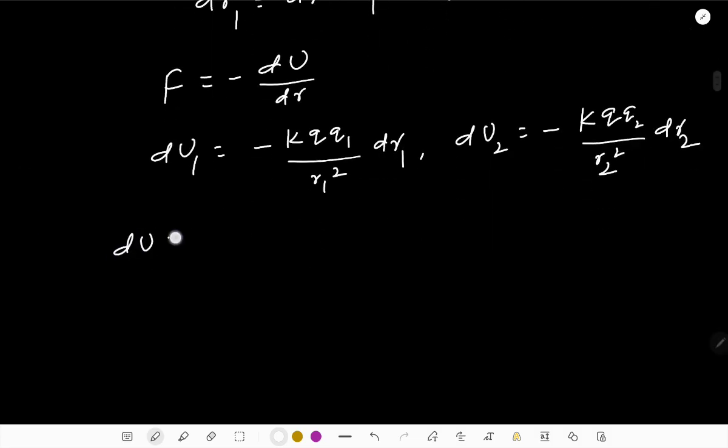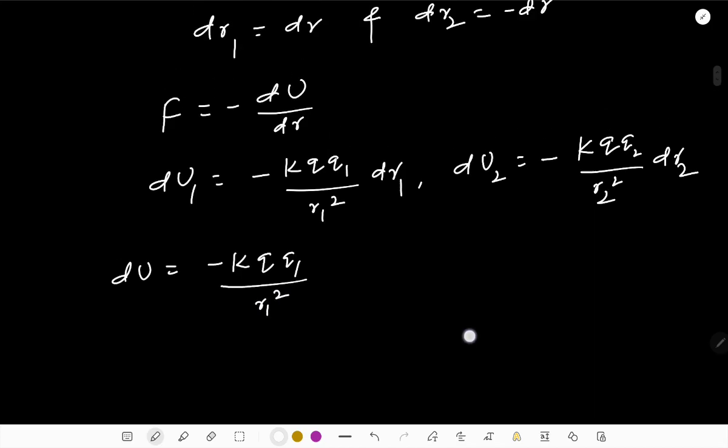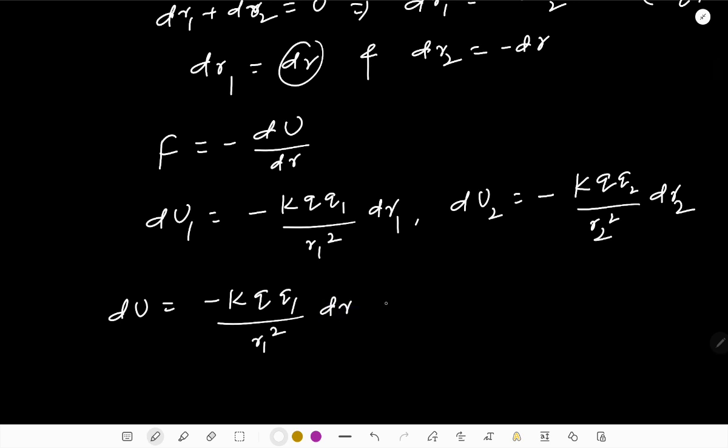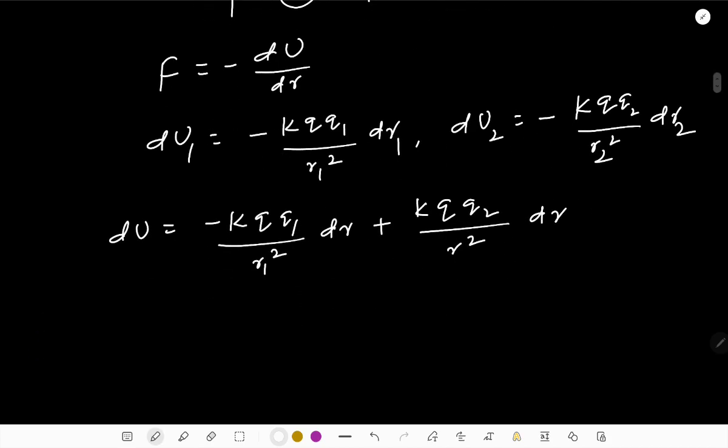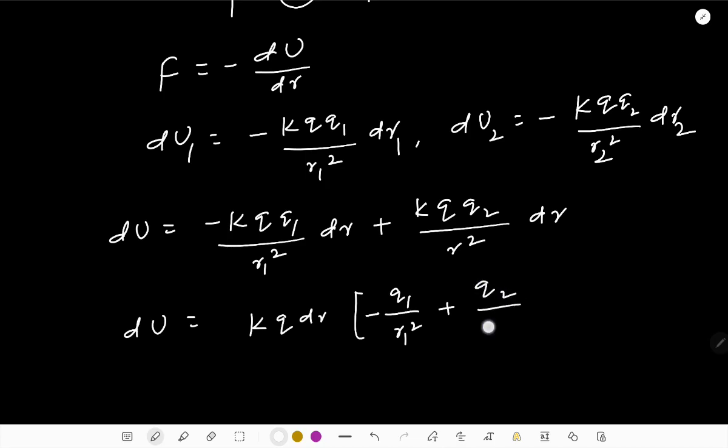The change in potential energy of the system can be written as minus kQq1 upon r1 square dr, plus kQq2 by r2 square dr, since minus dr2 is dr. So the infinitesimal change in potential energy becomes kQ dr multiplied by (minus q1 by r1 square plus q2 by r2 square).